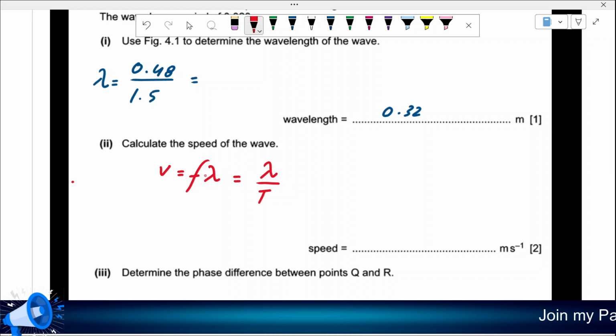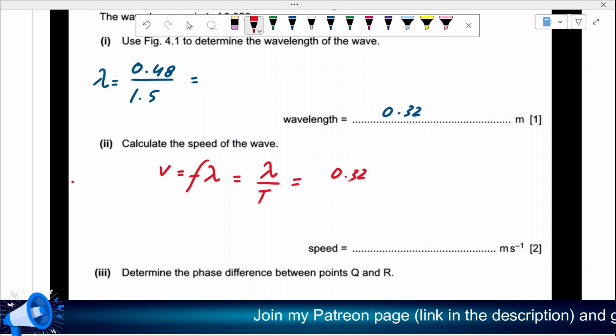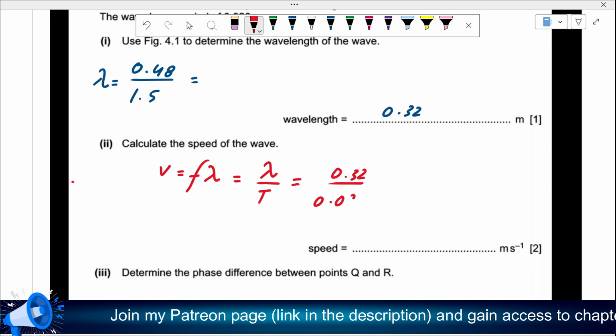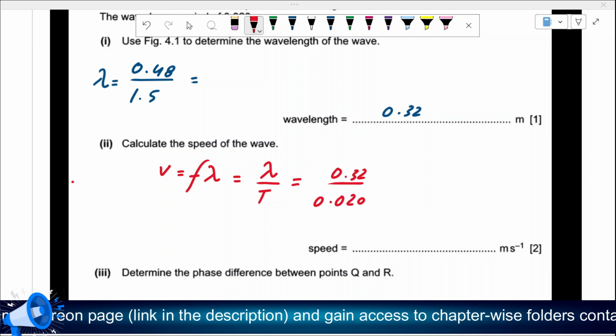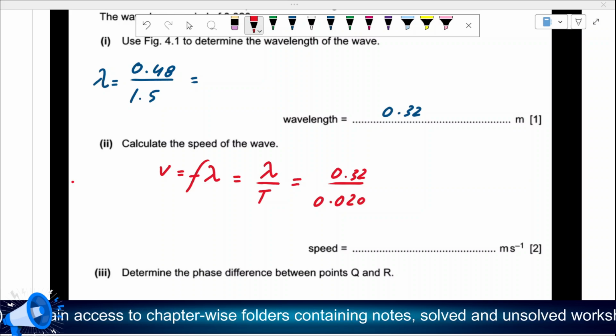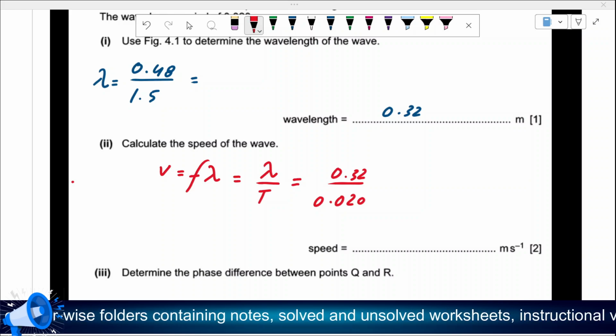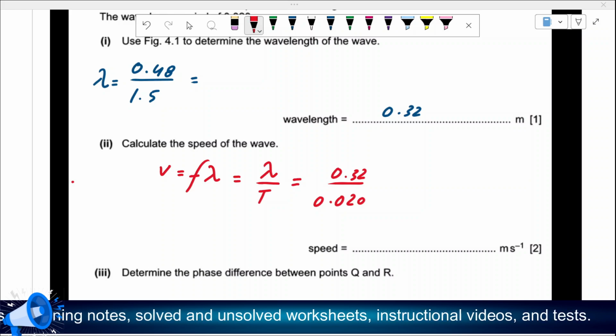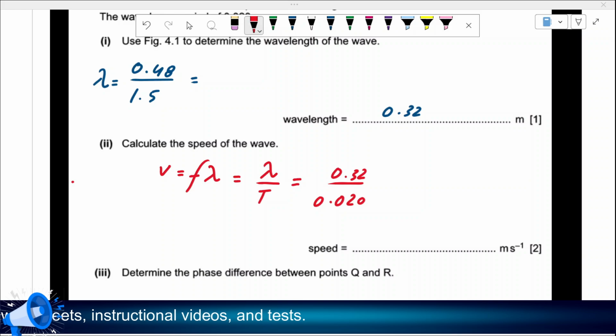We also have frequency equals 1 over T. So 0.32 divided by 0.020. Let me know what we get for this one. Okay, 16 meters per second.